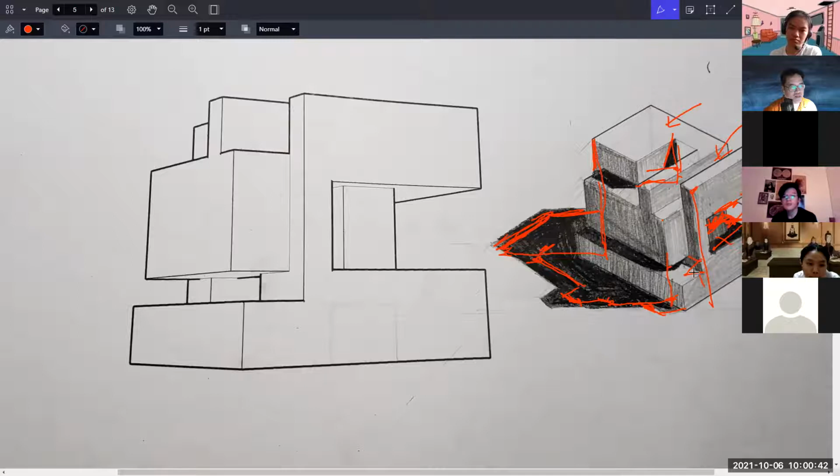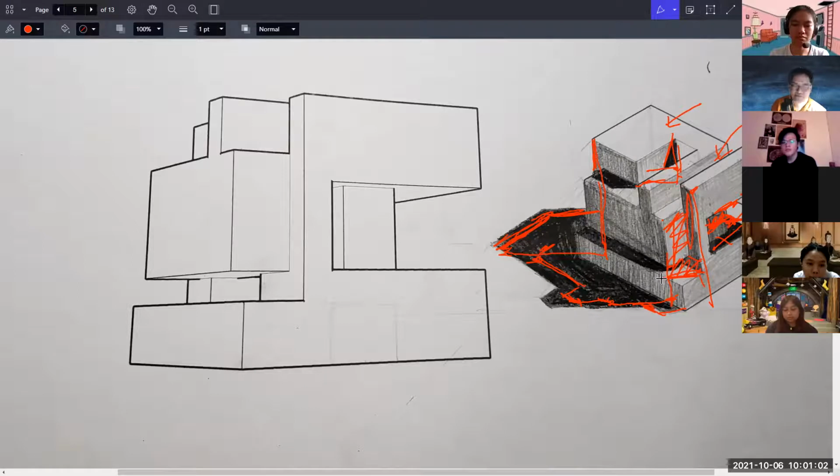Yun, yung shadow cast nito, nandito. Ganon. So shaded yan. Pero here, and this entire thing is shaded by the shadow cast of this volume, all the way, right? Does it make sense, guys?